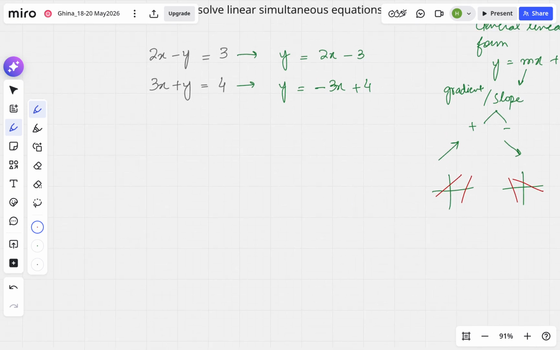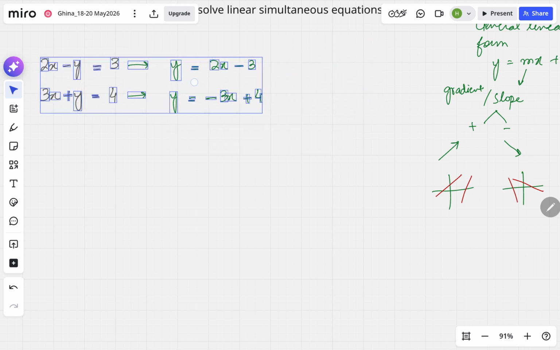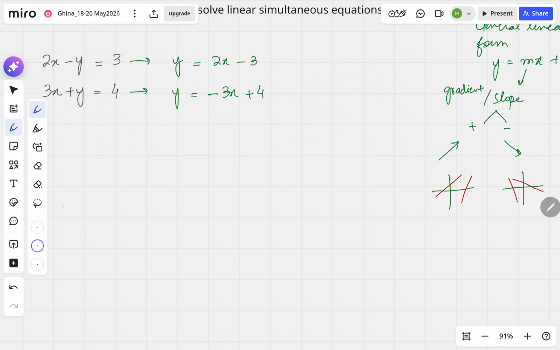Now we know from this equation the slope and the intercept.